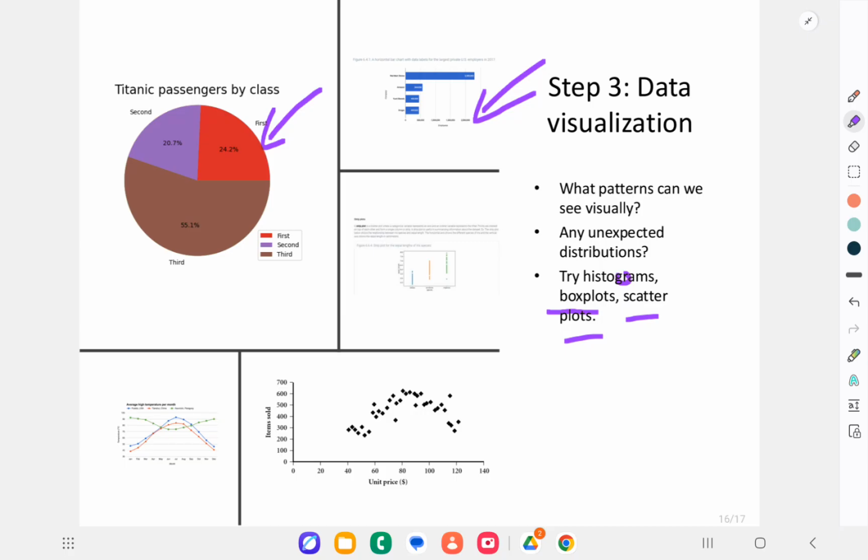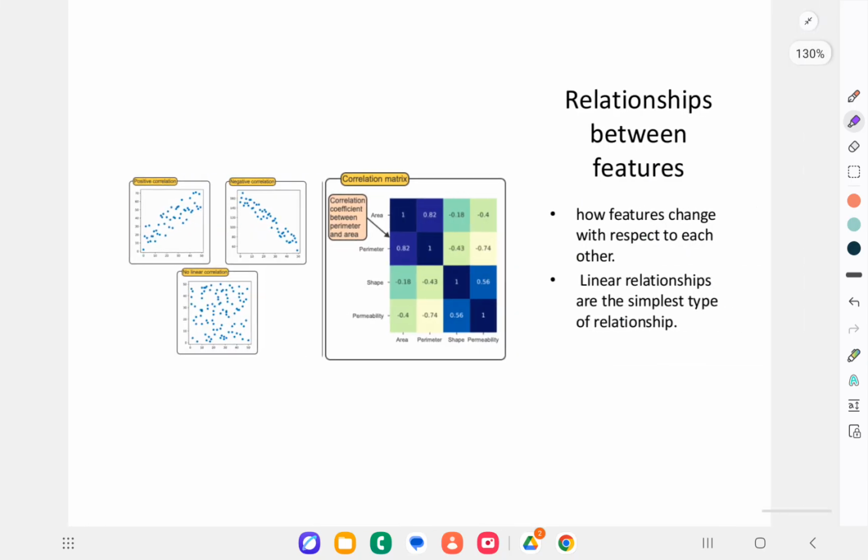So using these different charts, you can start spotting potential data quality issues, like if a feature has too many categories or there are any odd gaps or inconsistent labelings and so on. Think of it as just getting to know your data before you actually start to clean it.